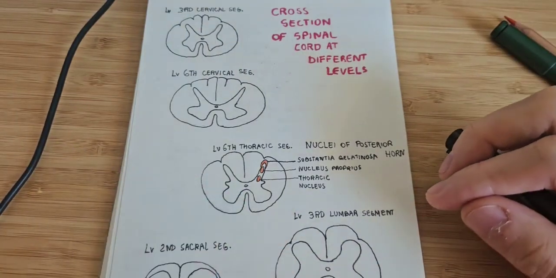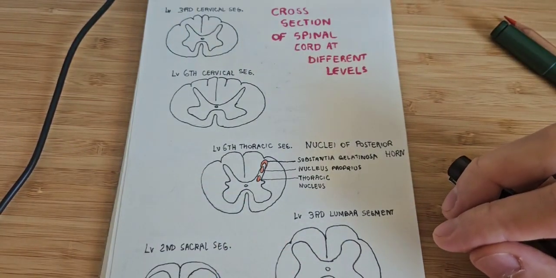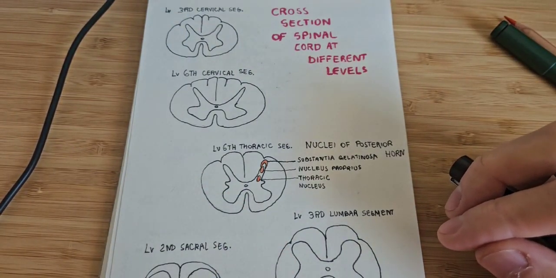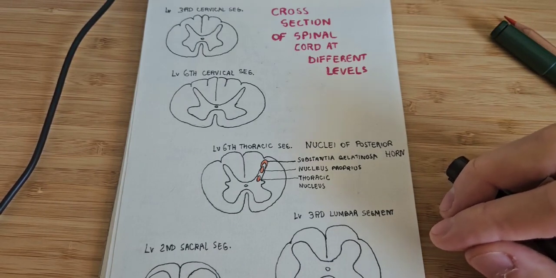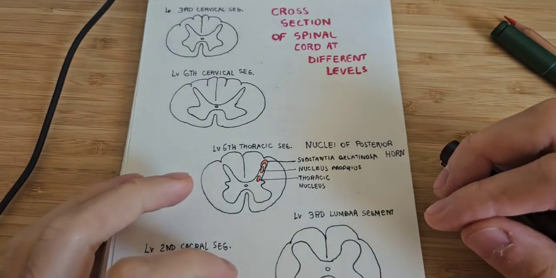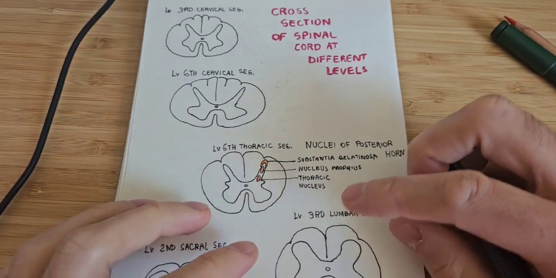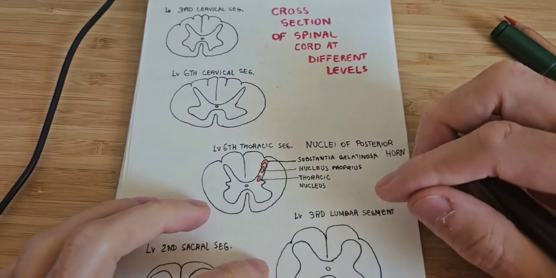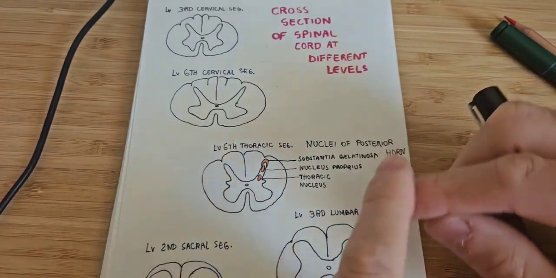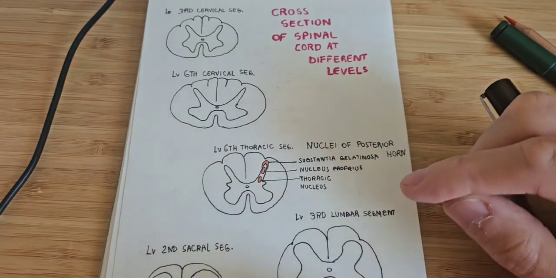We have another one called tabes dorsalis, which is a complication of syphilis and affects the posterior columns, including the nucleus proprius, and it will lead to sensory ataxia and paresthesias.